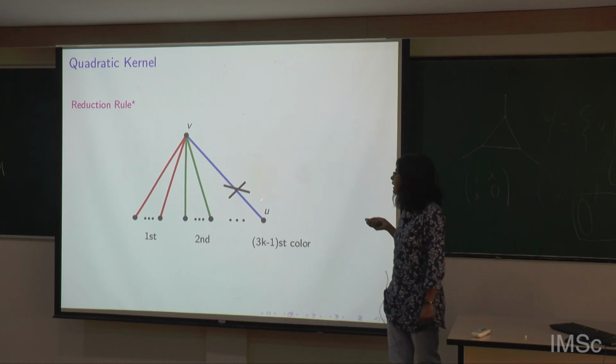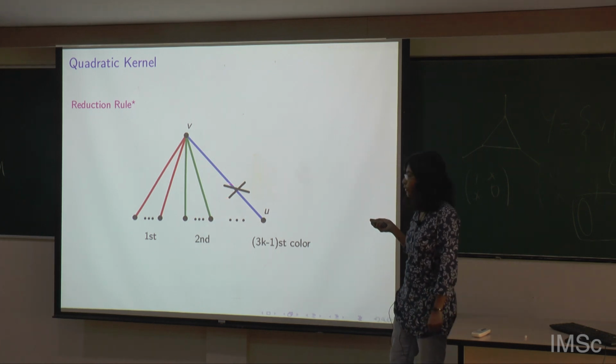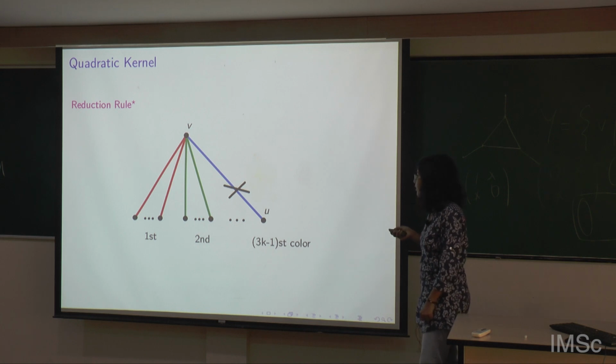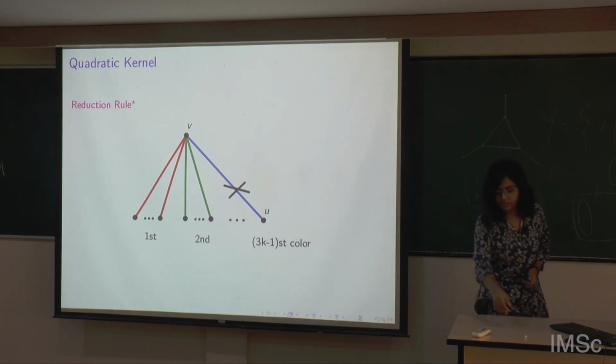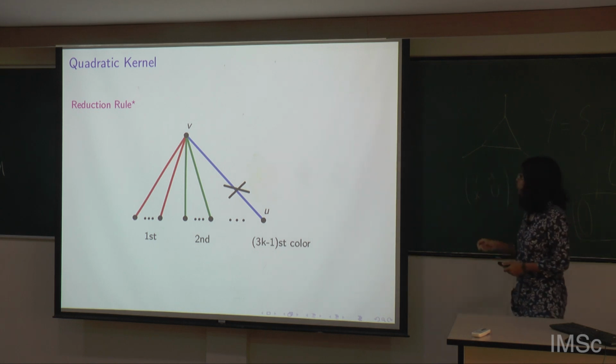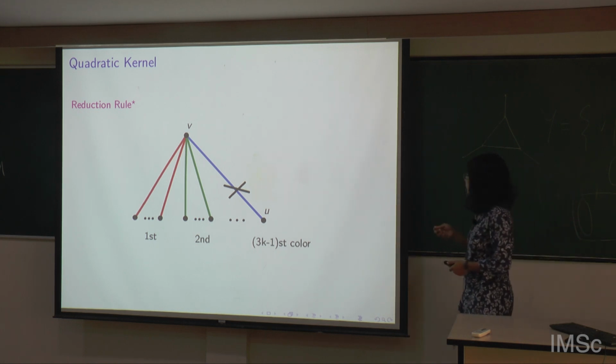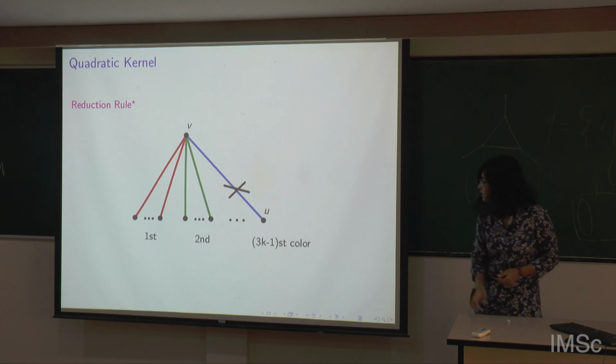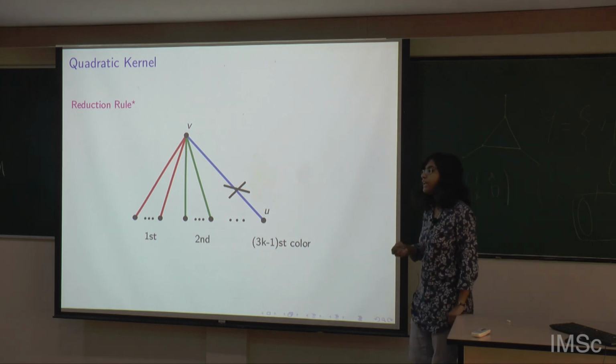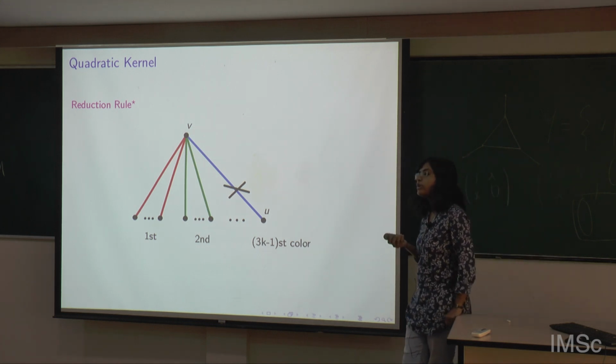So if this edge is included in that matching, now I have the other k minus 1 edges, right? All these other k minus 1 edges, how many endpoints do they have? 2k minus 2 endpoints, right?